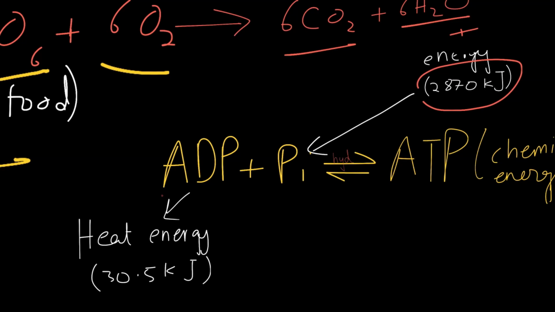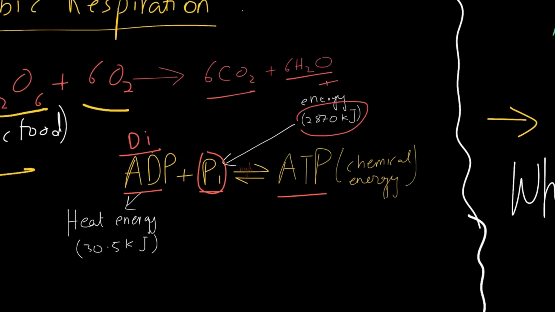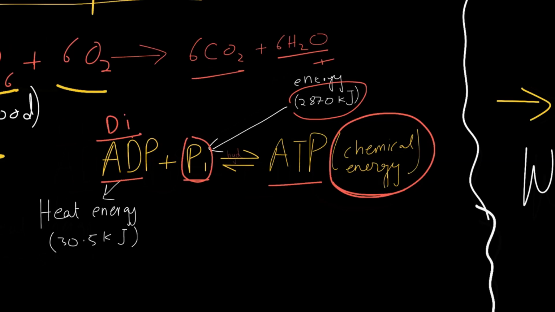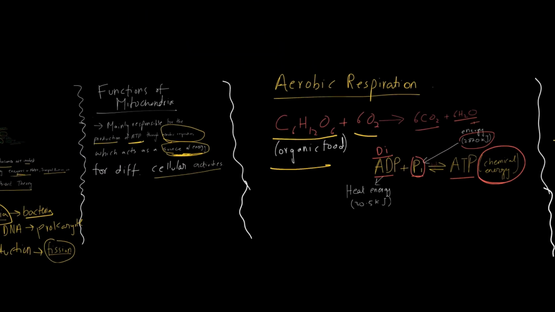So it's ADP and pi. ADP is adenosine diphosphate, right? So it's 2. When another phosphate is added to it, it becomes adenosine triphosphate, and this is the chemical energy, or the currency of energy that we require for different cellular activities.